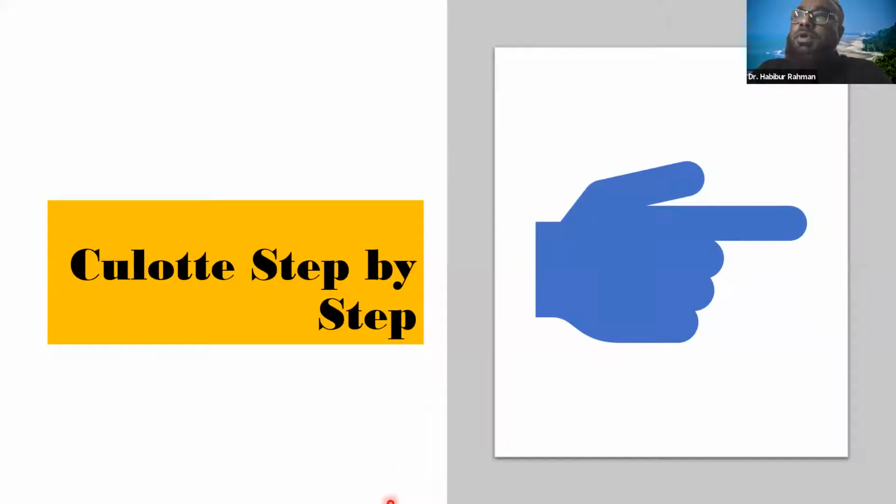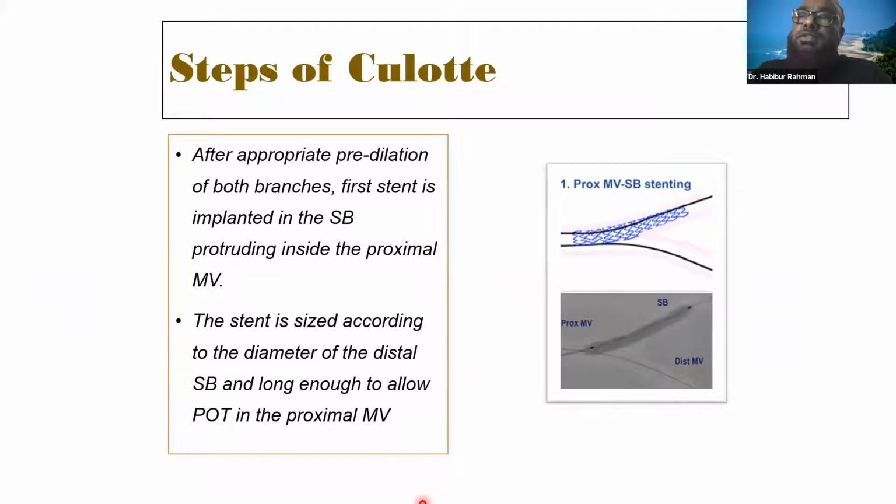So if we come to the procedure of Culotte step by step, first, both the branches are ballooned, debulking can be done, and imaging also can be done.